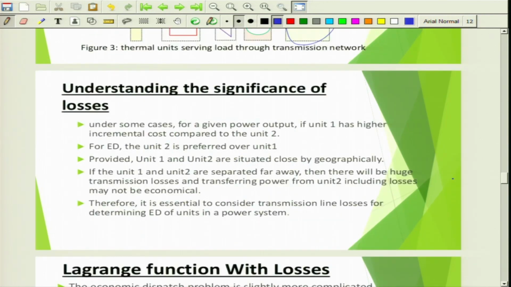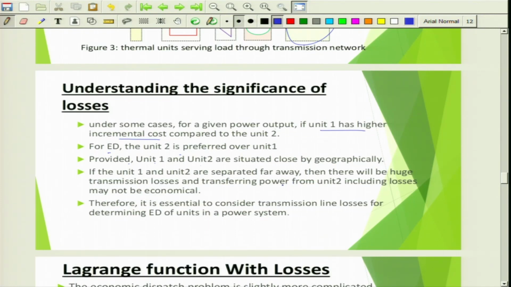Let us say under some cases, for a given power output, if unit 1 has higher incremental cost compared to unit 2, for economic dispatch unit 2 is preferred over unit 1, provided unit 1 and unit 2 are situated close by geographically.